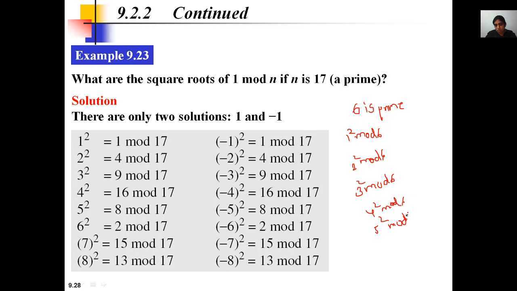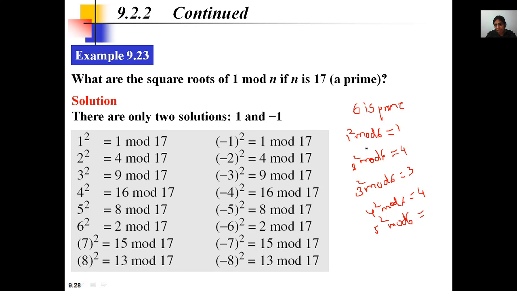According to the values, 1 square is equal to 1, 2 square is 4, you get 4 only, 3 square is 9 and you get 3, 4 square is 16 and you get 4, and 5 square is 25, you get 1.